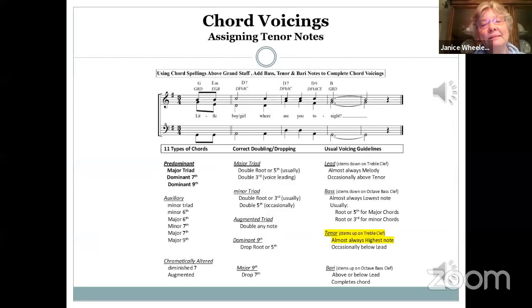So the nearest note for the tenor out of that chord would be a C. So since the tenor line usually is very smooth compared to the other lines of the arrangement, we're going to go with the C because that makes the most sense to start with.